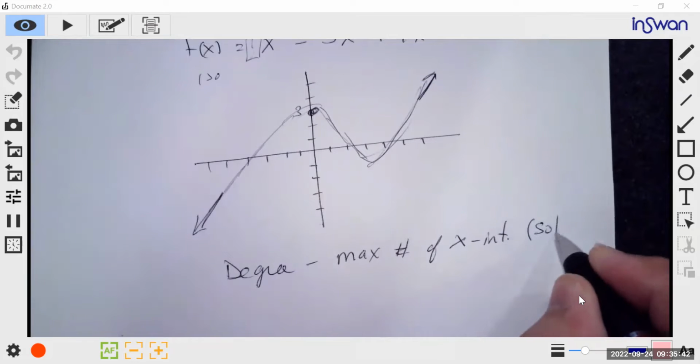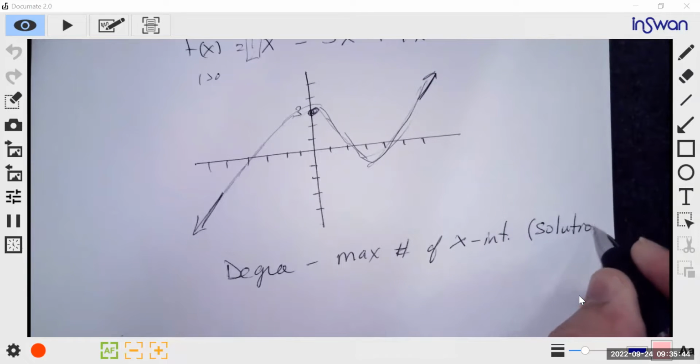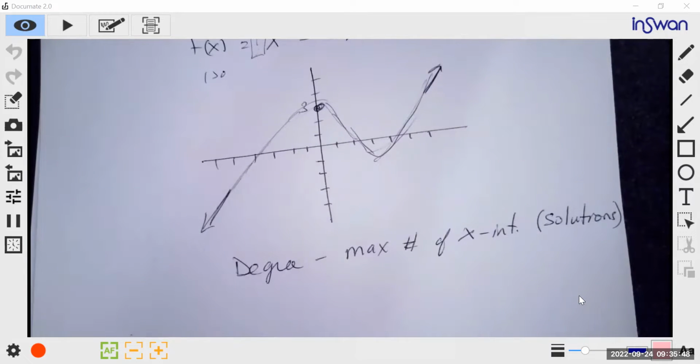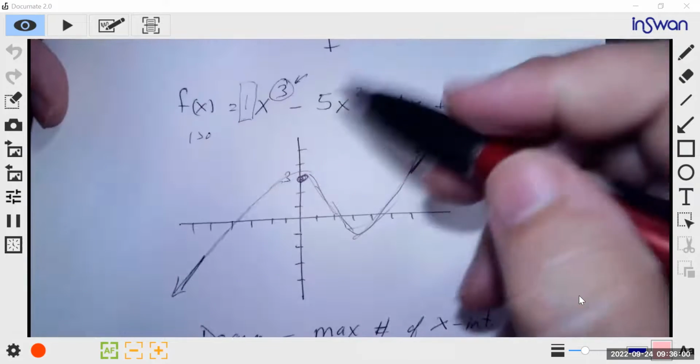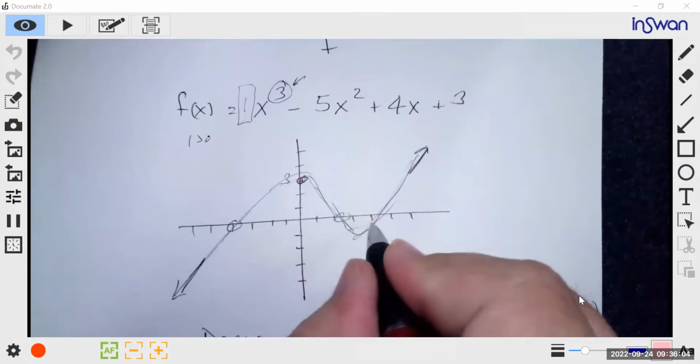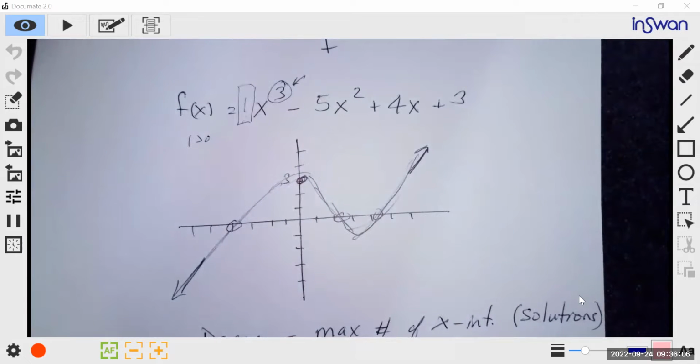X-intercepts are also called solutions. So since the degree is 3, it's telling me I can have at most 3 x-intercepts.